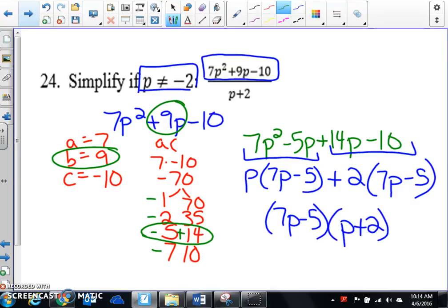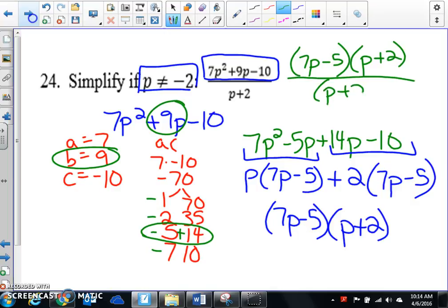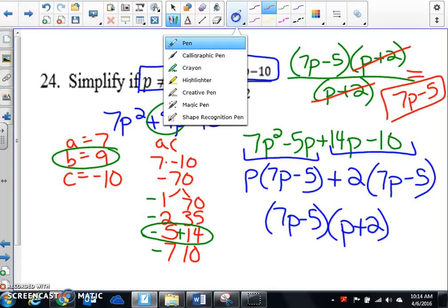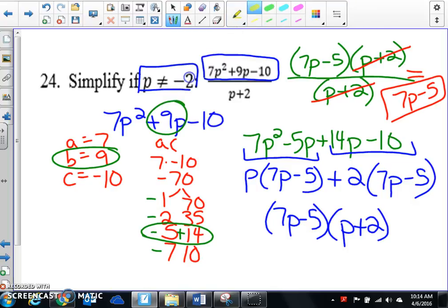Now I go ahead and rewrite it up here, all over p plus 2. Same thing, I just cross out the same, I cancel, and that leaves me with 7p minus 5 as my answer. Now remember, as a check method, I go ahead and break this up into here and here. So 7p squared divided by p is in fact 7p, and negative 10 divided by 2 is negative 5, which is what we got.